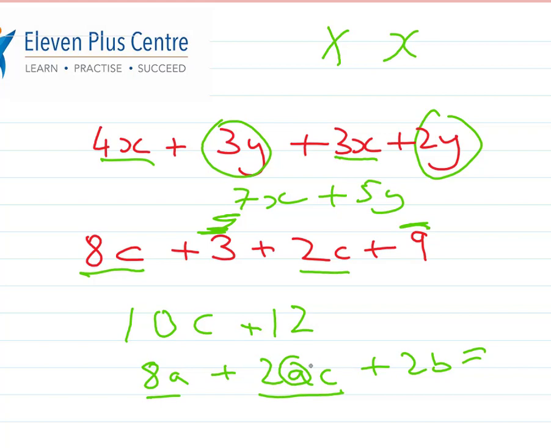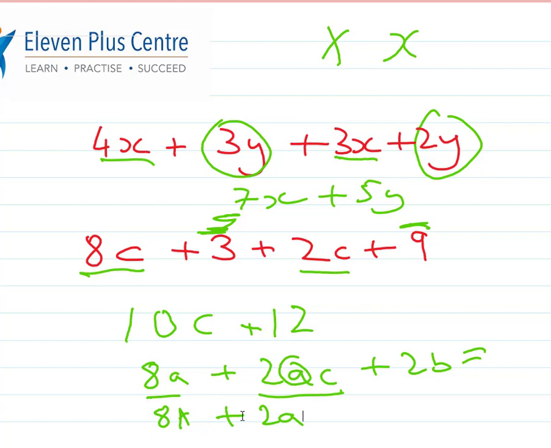This is a different term altogether. They've got to be exactly the same as each other. And in fact, I know it sounds a little bit controversial, but if this was 8a, capital A, and this was 2 small a, even these are different to each other. Okay, so please remember that collecting like terms means that they've got to be exactly like each other.